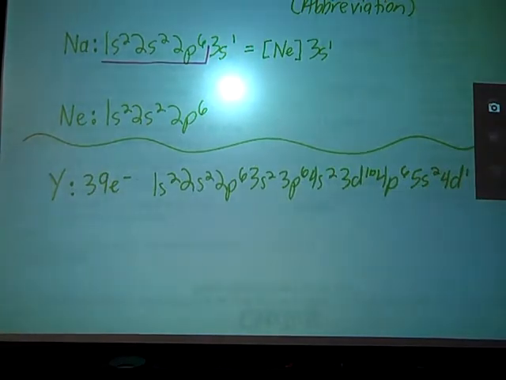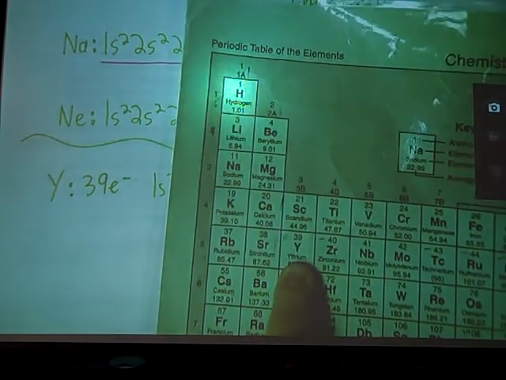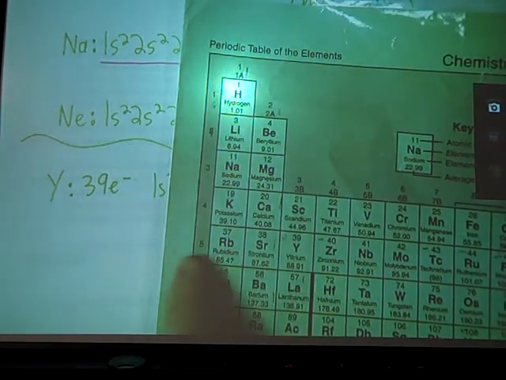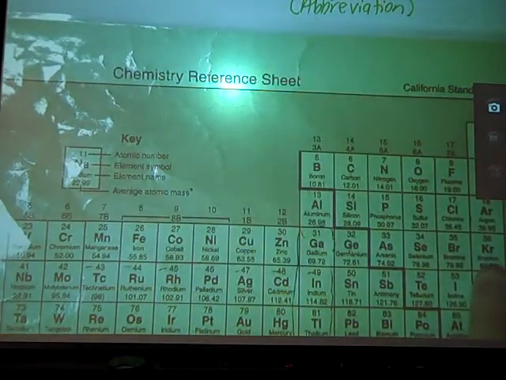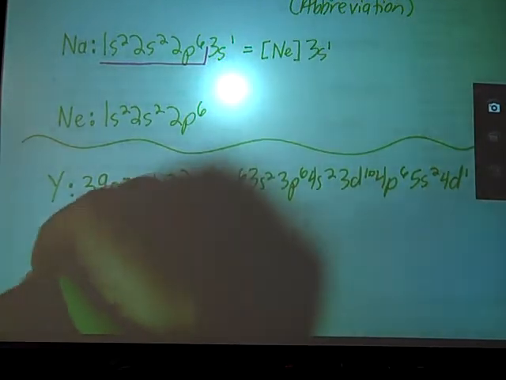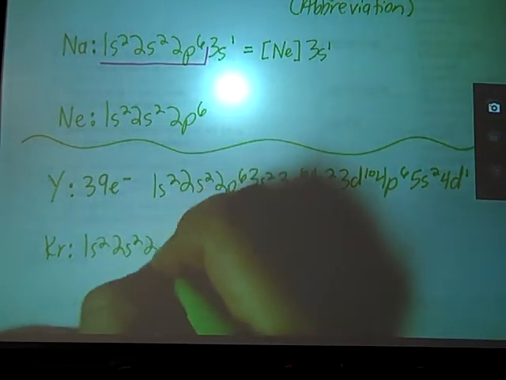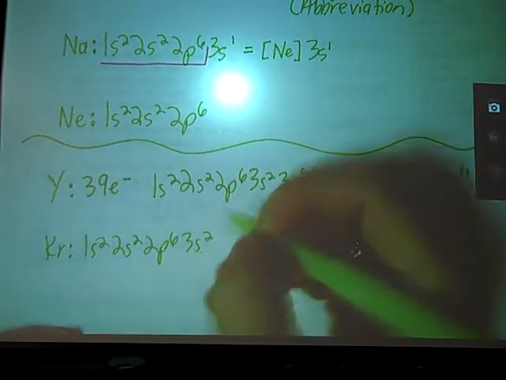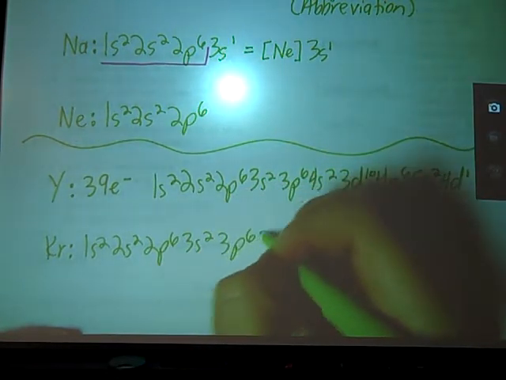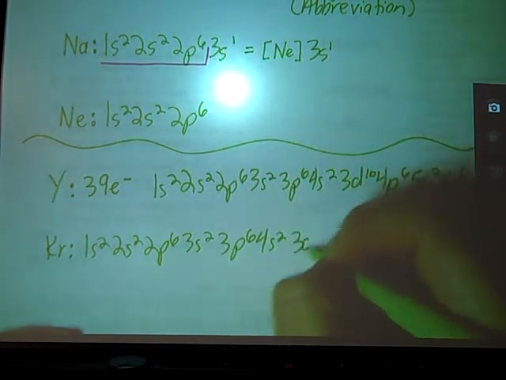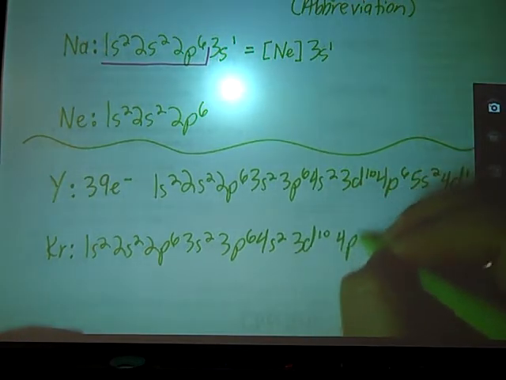Alright, so noble gas configuration. I put my finger on yttrium and I run my finger backwards until I run into a noble gas. So in this case, that would be krypton. So if we think about the configuration for krypton, 3d10, 4p6.